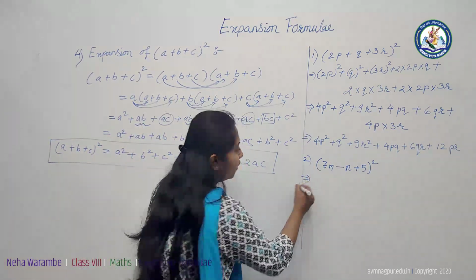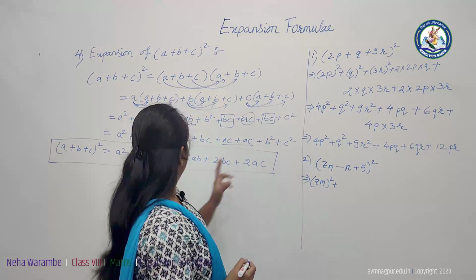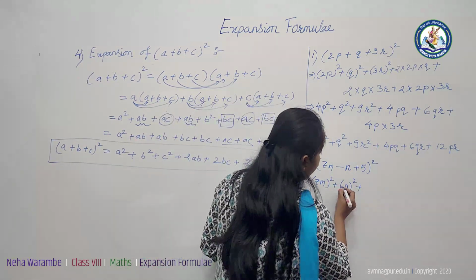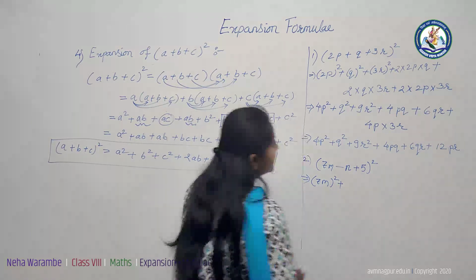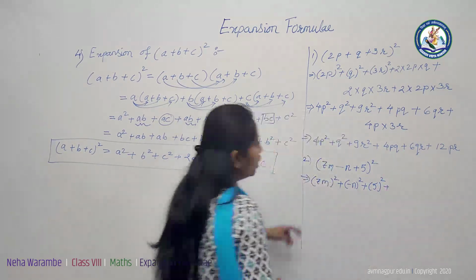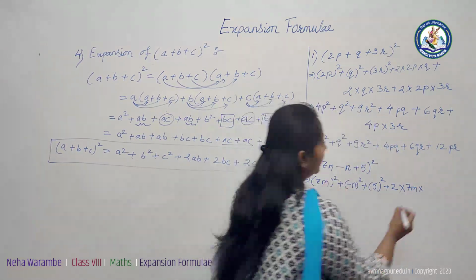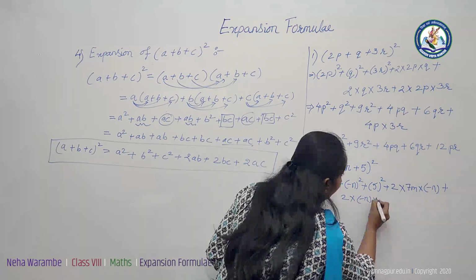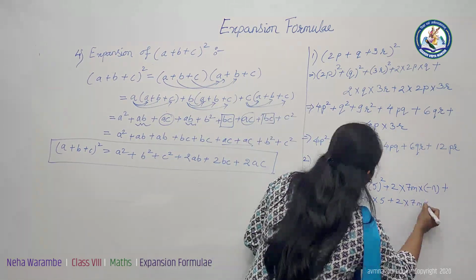Now use this formula: first term square, that is 7m square, plus second term, minus n square, plus third term, 5 square, plus 2 into first term into second term, that is 2 into 7m into minus n, plus 2 into second term into third term, that is minus n into 5, plus 2 into first term, 7m, into third term, 5.